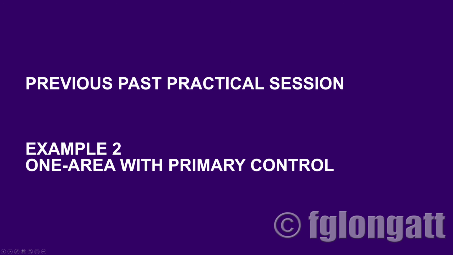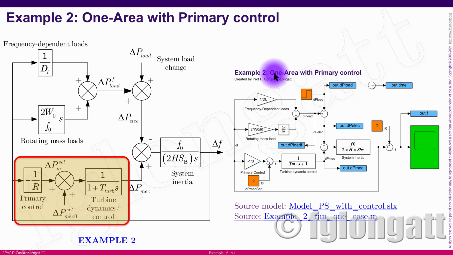Well, if you remember in the previous practical sessions, specifically in example number 2, we created a test system, one area with a primary control. On the left-hand side, you can see the block diagram. Here we have the inertia. This is the transfer function to replicate the behavior of the system inertia. Here on the top left, you can see the frequency-dependent loads and the rotating mass loads.